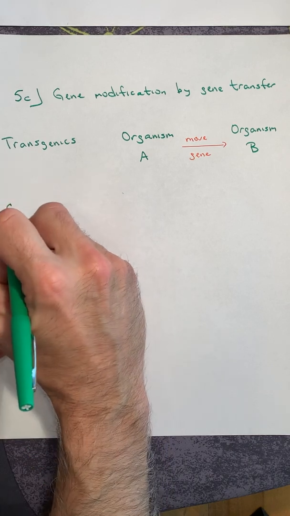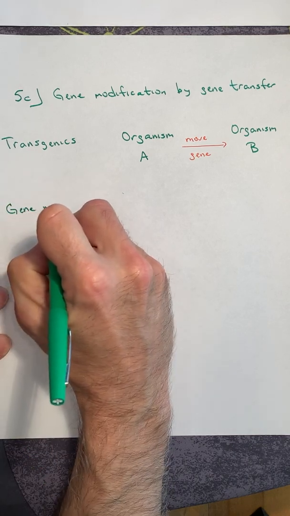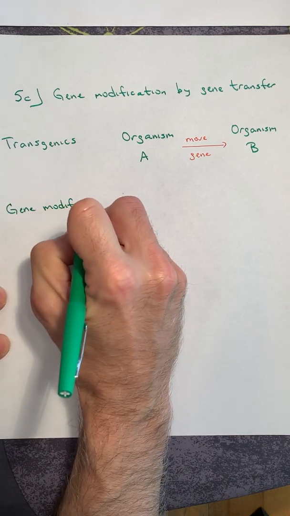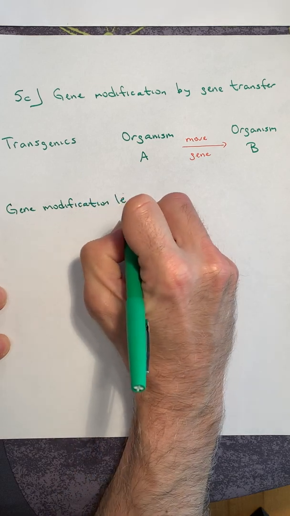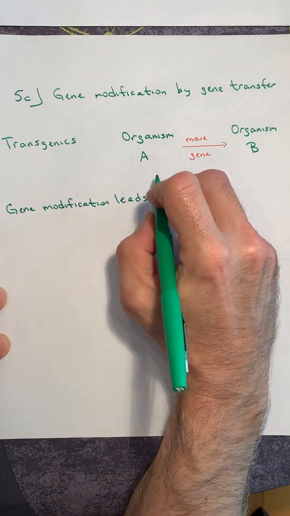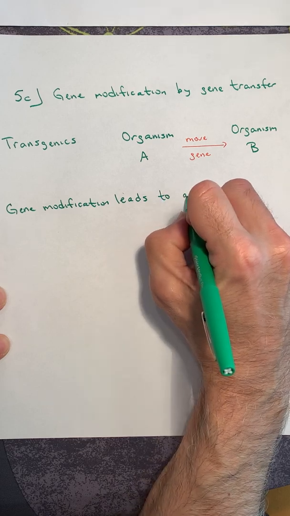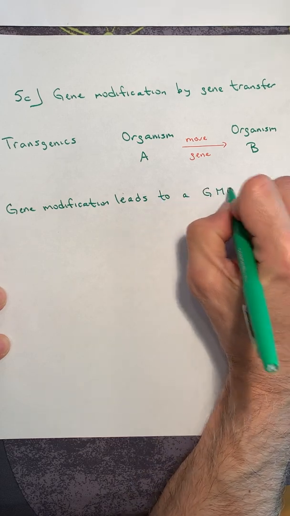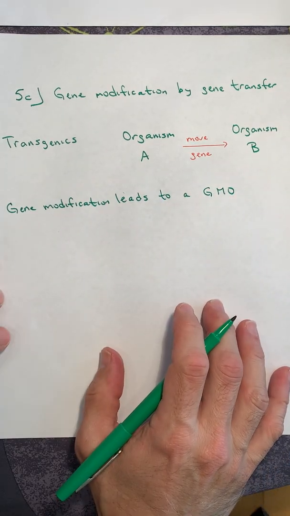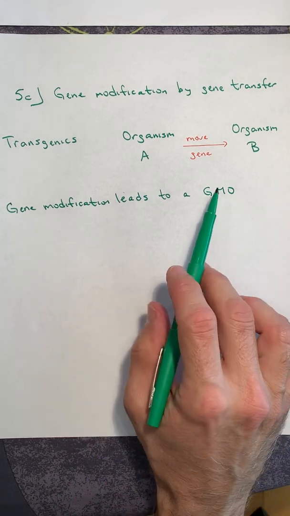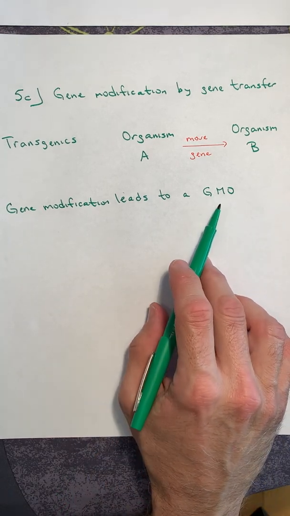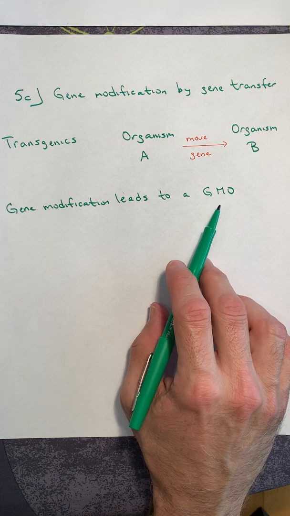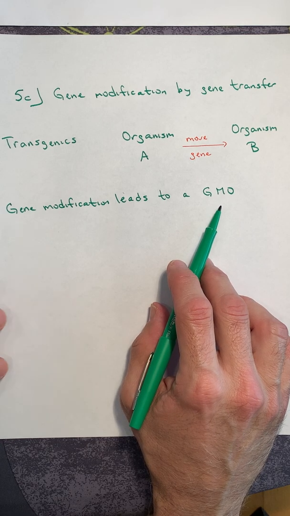So gene modification leads to an organism that is genetically different. It leads to a GMO. Now, people tend to have an emotional reaction to that term, and then you start discussing the science behind it, and a lot of people don't fully understand how GMOs work.